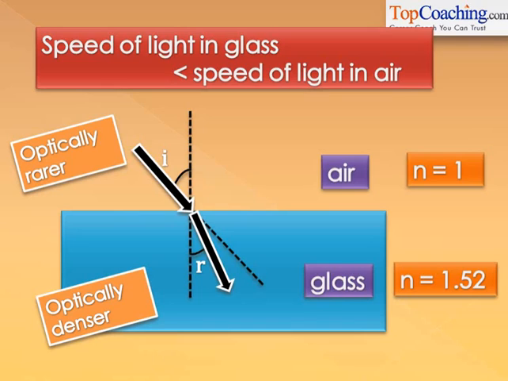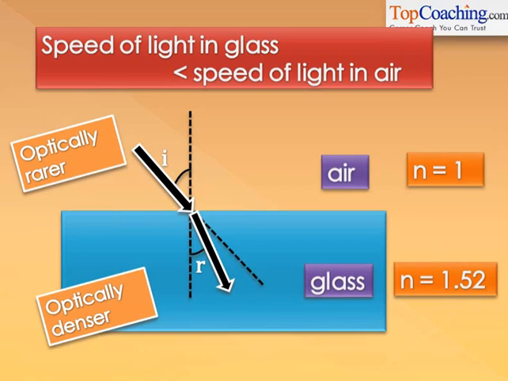Water with a refractive index of 1.33 is also optically denser than air. Understood? So the optically denser the medium, the lesser the speed of light in that medium. Understood? And the greater the refractive index of that medium. Similarly, the optically rarer the medium, the greater the speed of light in that medium and the lower the refractive index of that medium.